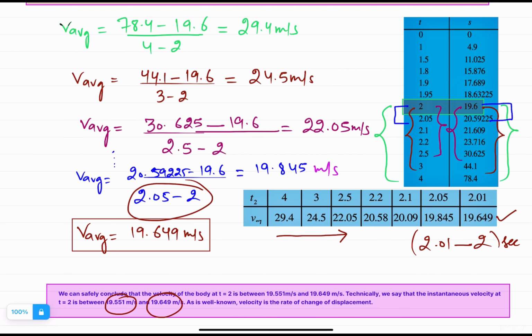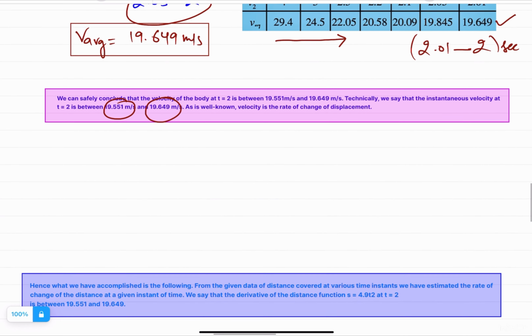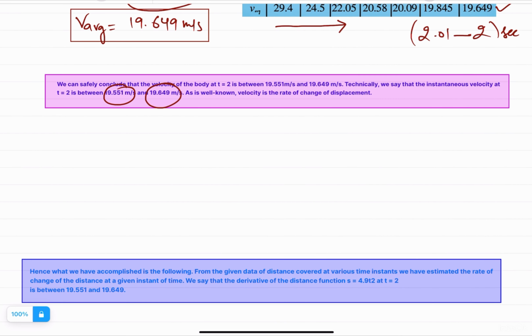And it's well known that velocity is the rate of change of displacement. So what we have accomplished is that from the given data of position and time, or we can say distance and time, we have estimated the rate of change of distance at a given instant of time.